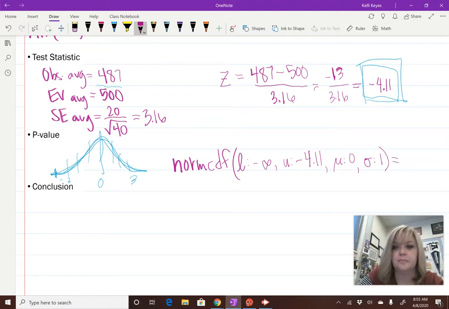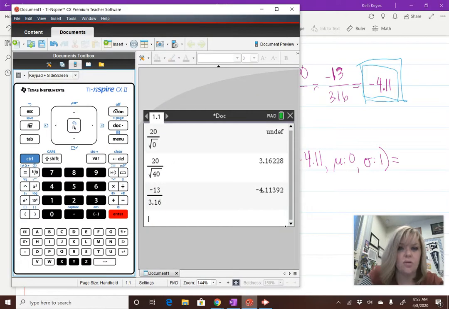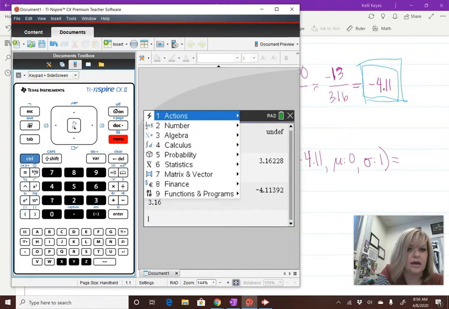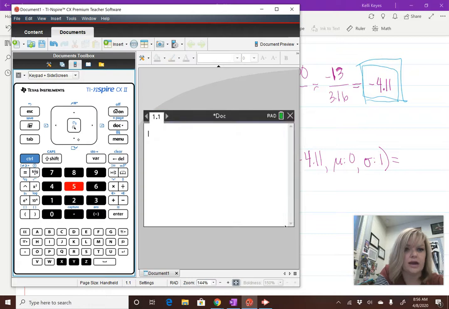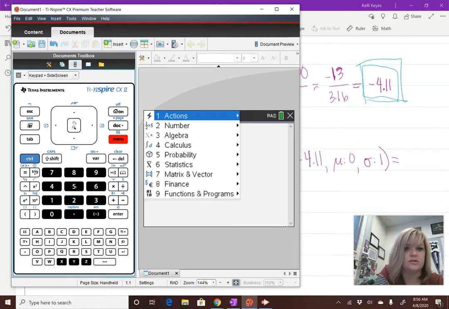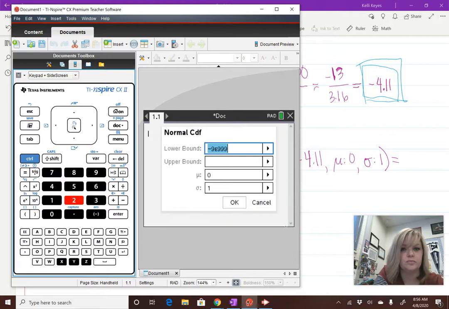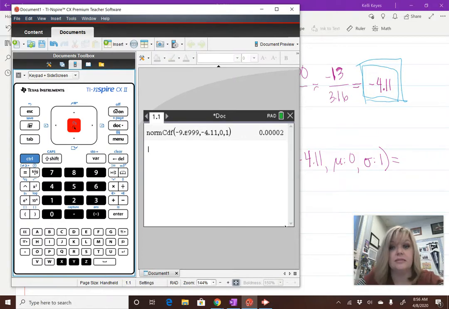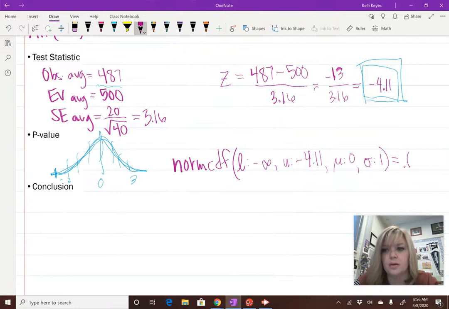Let's find out how unlikely it is. Menu 652, we enter negative 4.11. It's very unlikely, but if we multiply that by 100, it's 0.002%. So very unlikely to happen.